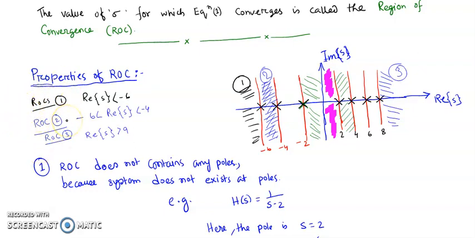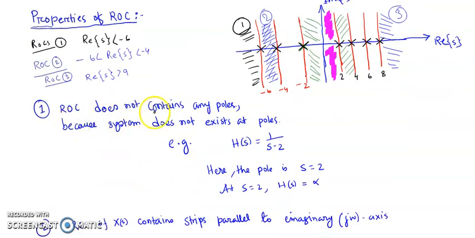There are some properties of region of convergence, so we quickly go through this. Suppose the region of convergence does not contain any poles. You can see in this diagram, the region of convergence is between poles, but it is not on the poles.